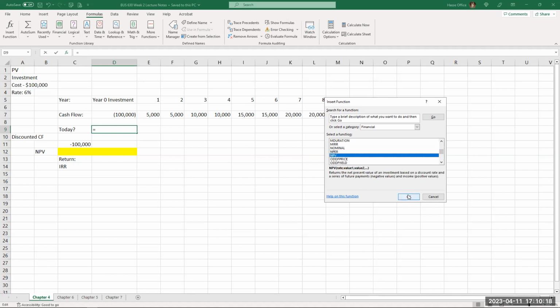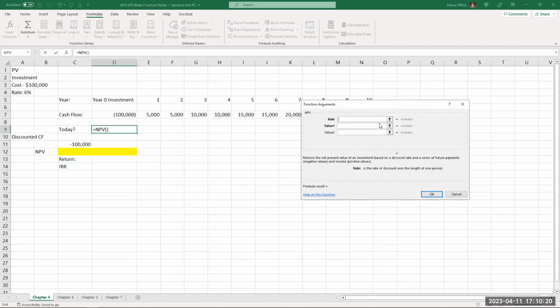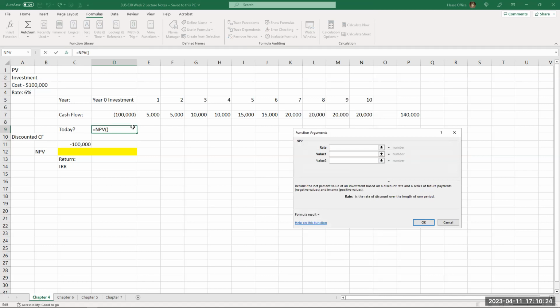There it is right there. This calculation takes this future cash flow and discounts it back to today at 6%. So we type in 6%, and then we put in the values from year 1 through year 10, the depreciable life. In this case that's E7 to N7.